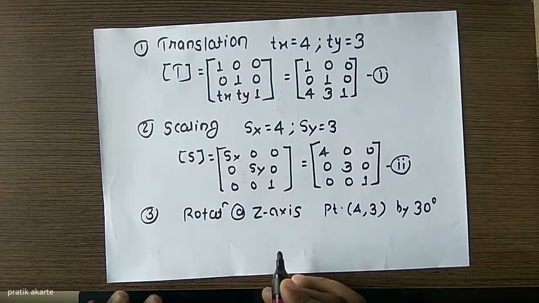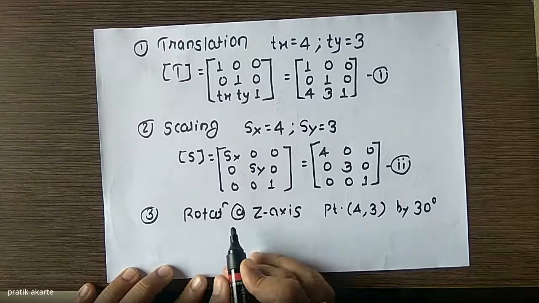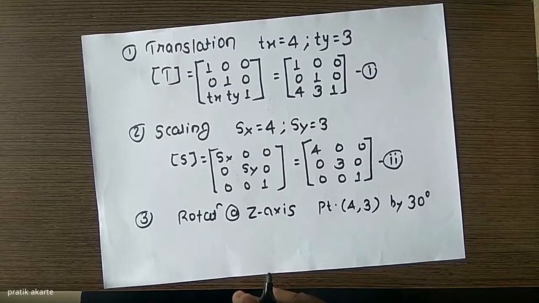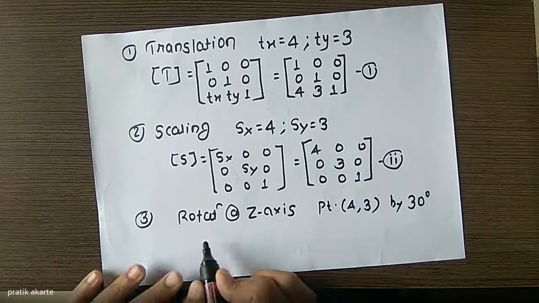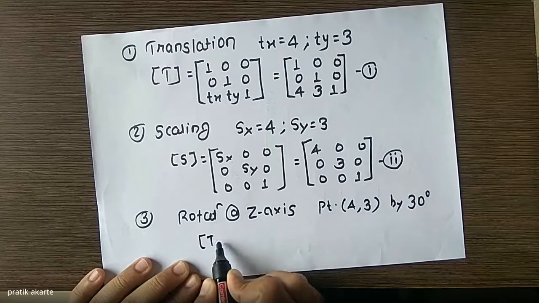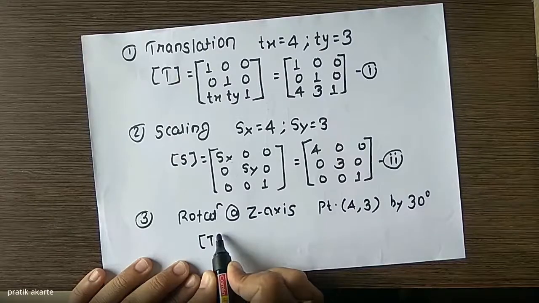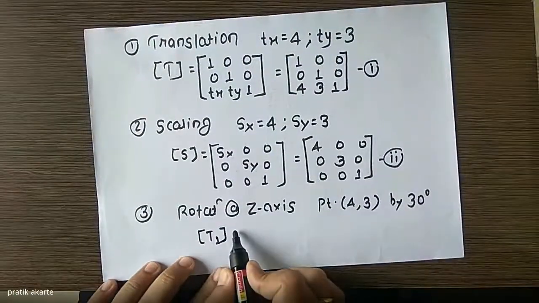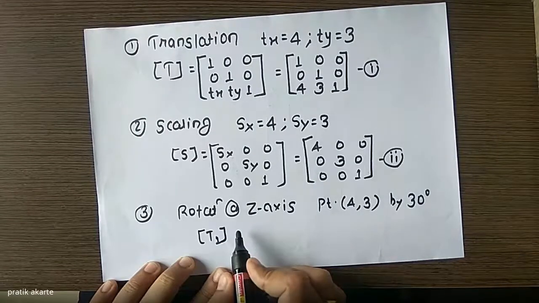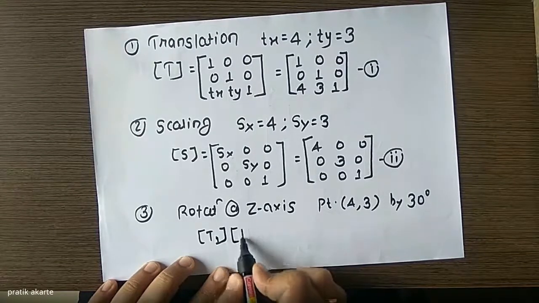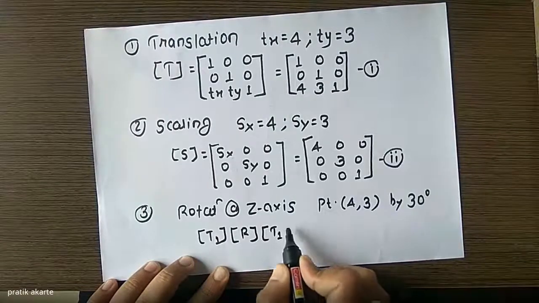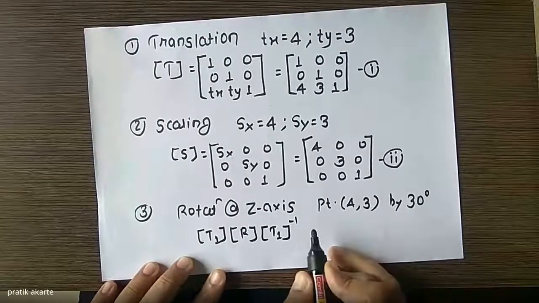So here we have to first translate the point to origin. So that will be your translational matrix. I name it as 1 since there is one more translation. Then after that we have to rotate it, and then we have to perform the inverse translation.